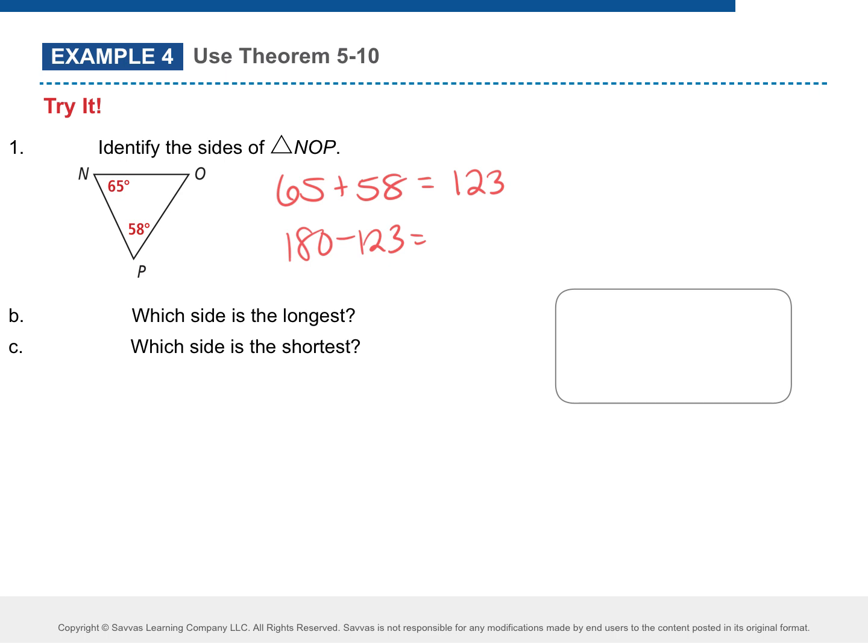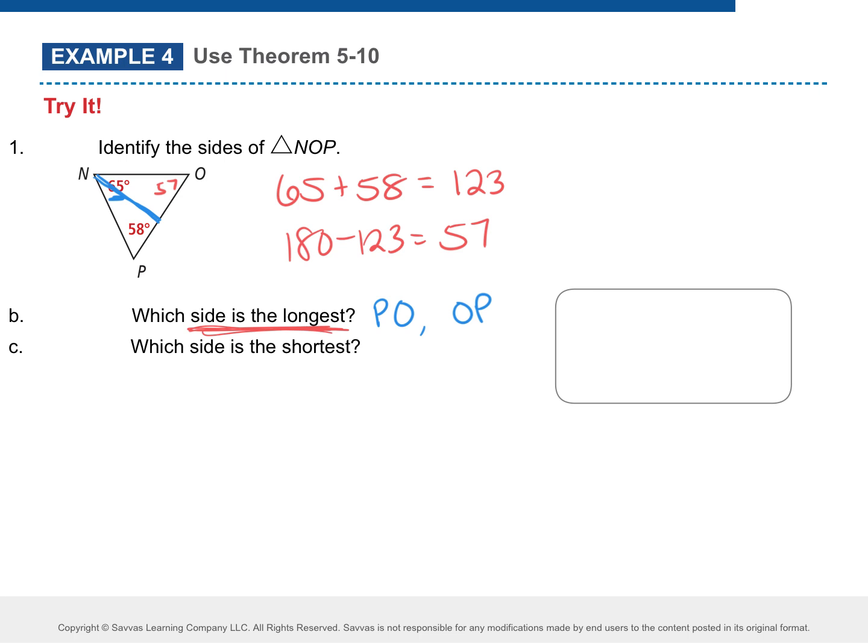Now do we have enough information to answer A and B? Yeah. So longest, the side that's longest, what is it opposite of? The angle that's the biggest, okay? So our biggest angle is 65. What side is opposite of 65? PO, or OP, either way.